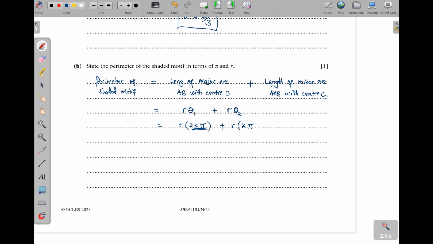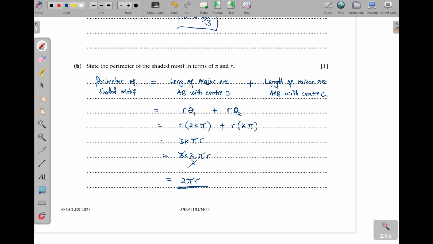So this is 2K pi plus K pi. Don't you get 3K pi? So we have 3K pi r. Now K is 2 over 3, so this 3 will go, and then our answer becomes 2 pi r.